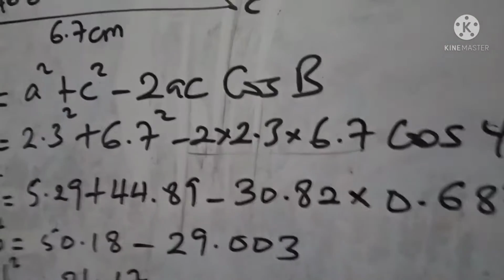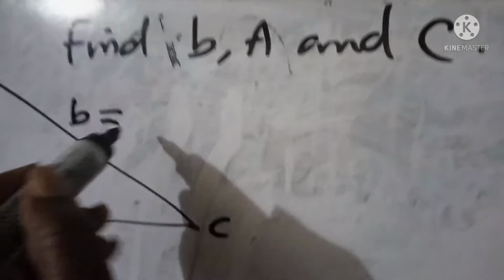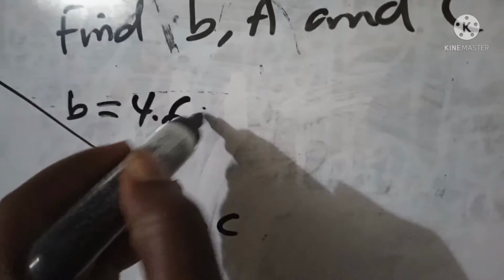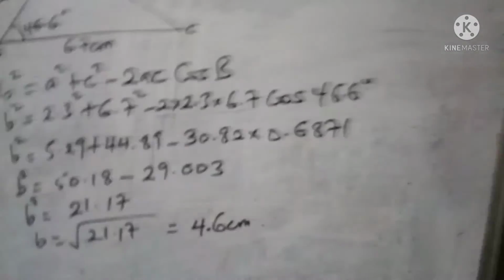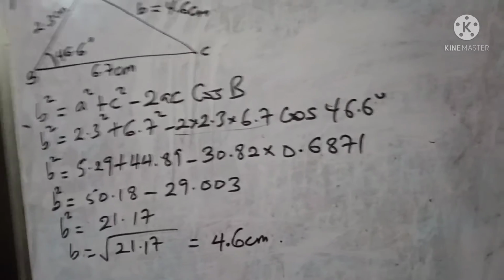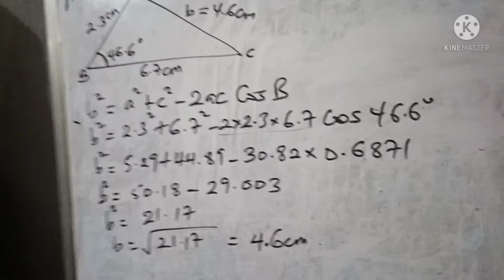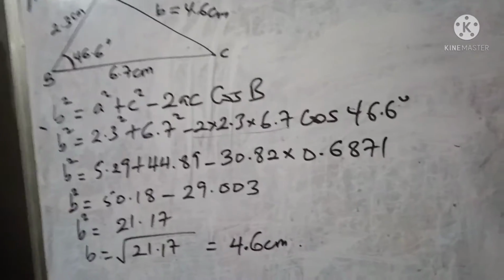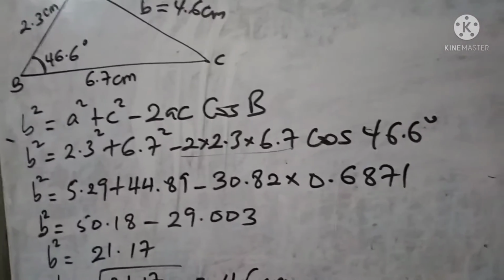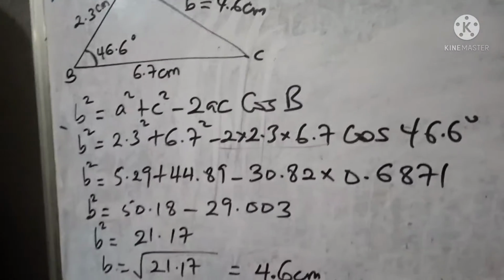Now, let's see if we can use sine rule. The condition for using sine rule is you must be given either two angles and a side, or two sides and one angle facing one of the sides.